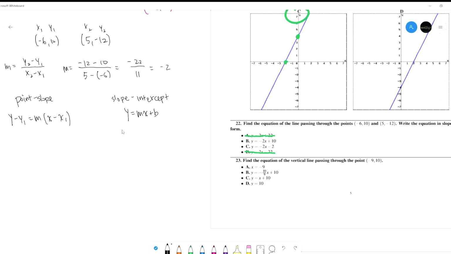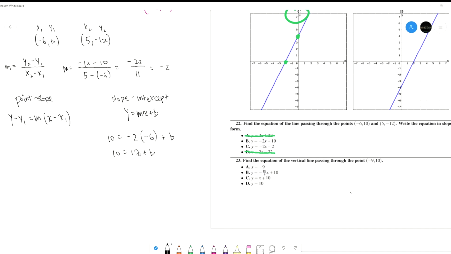So I have to solve for my y-intercept, meaning I substitute one pair of points. So let's do the first one. I'll do y, 10, is equal to m, which we just solved, times x plus b, right? So this gives me positive 12 here, plus b on the right-hand side.